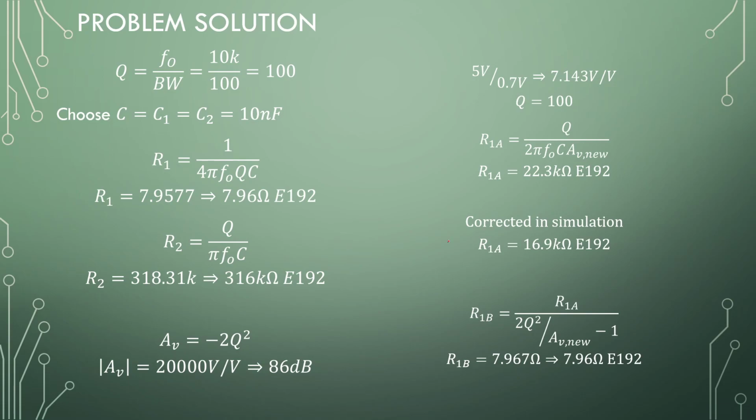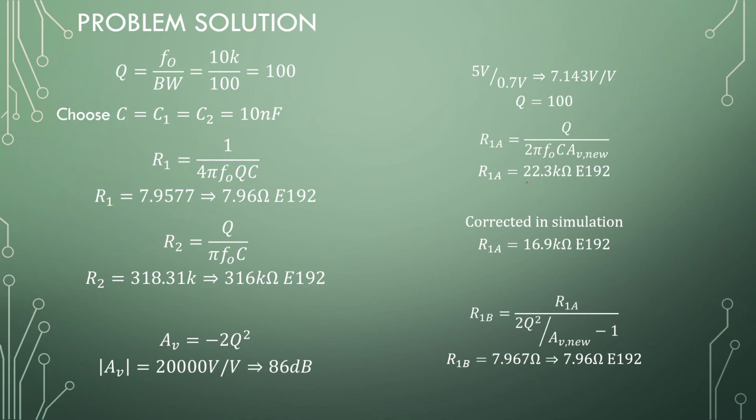Before I go to the simulation, I should probably go over the solution for the resistor values of the second filter. So for a Q of 100, we can calculate all the component values, which you already saw. And this thing requires a gain of 20,000. From there, we can design the two input resistors. If we want a 5-volt output from 0.7 volts, we can design for a 7.14 volt per volt gain.